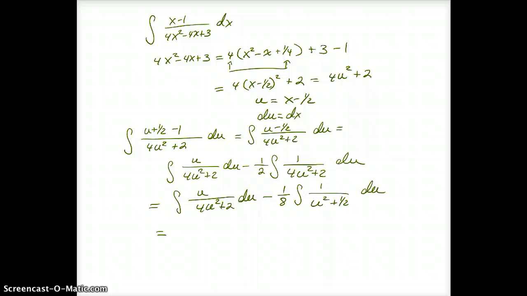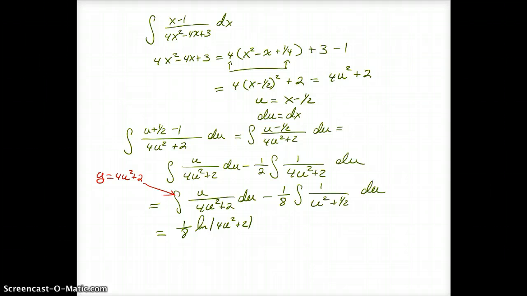Then dy would be 8u du, so you're going to have to divide by 8 and get 1/8 the log of 4u squared plus 2.